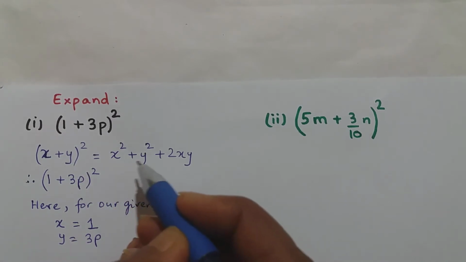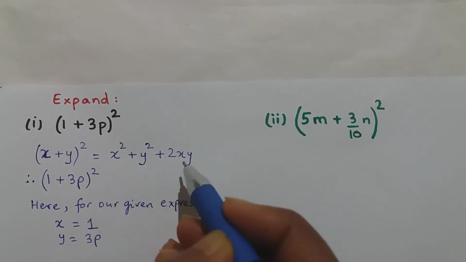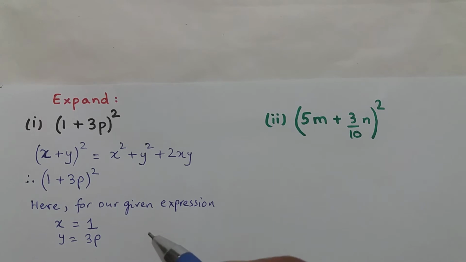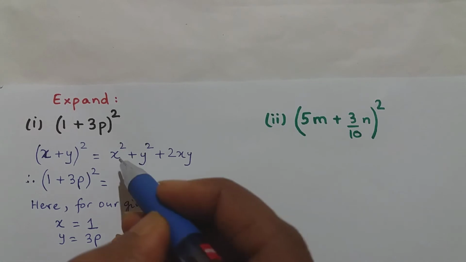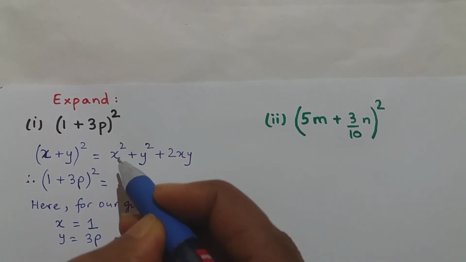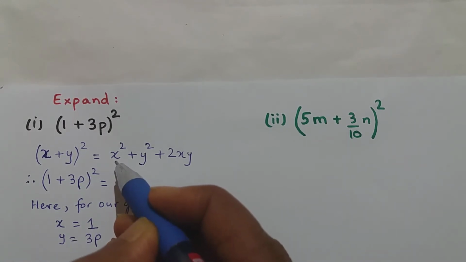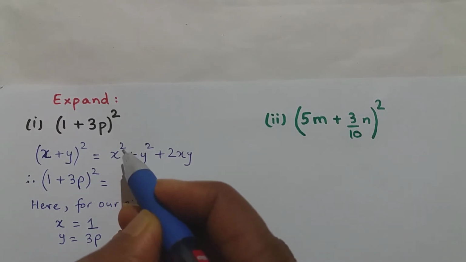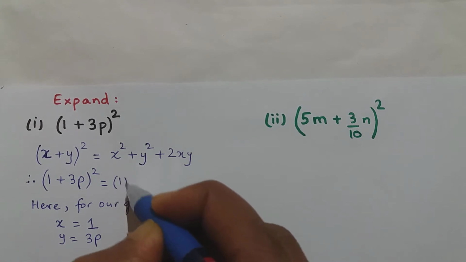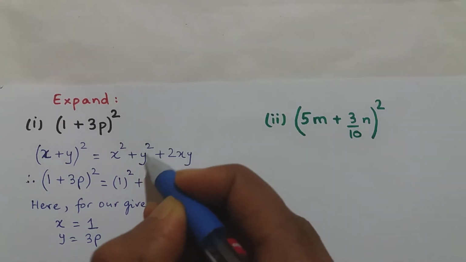So now we can expand our given expression like what they have done in this identity. Therefore 1 plus 3p whole square will become x square, and for our expression, x is 1, so it will become 1 square, plus y square.